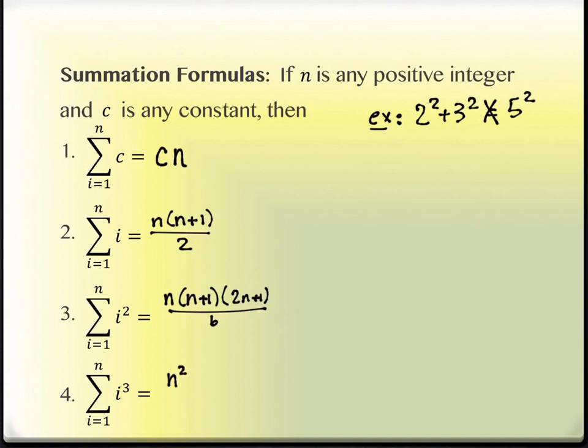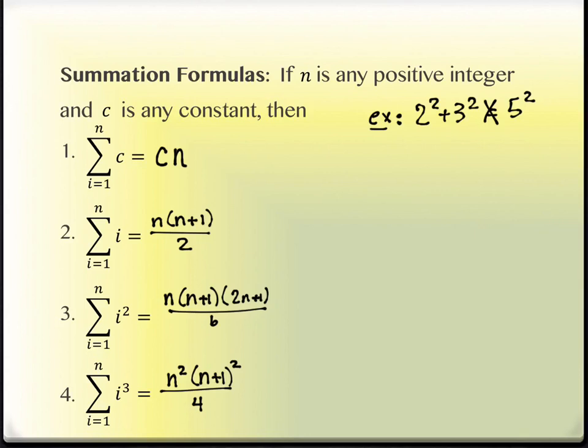And this one is n squared times n plus 1 squared over 4. Which, interestingly enough, actually is this one squared, isn't it? Do you see that? If I squared everything on the i squared one, I would get what I'm getting down here for the i cubed one.